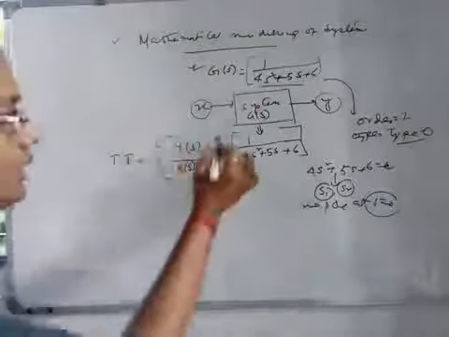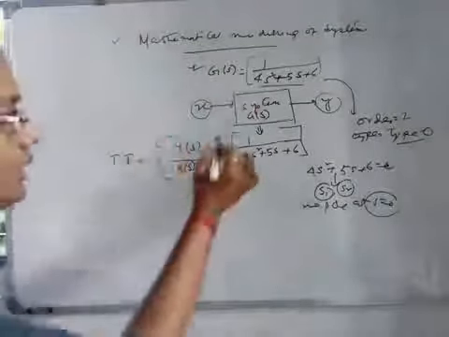And if you want to get the transfer function from here, what do you have to do? Say this is equation number 1. In that case you have to take the Laplace transform of this equation on both sides.